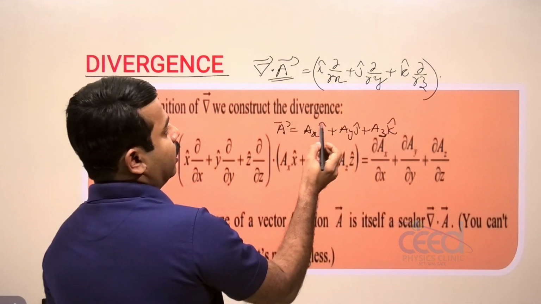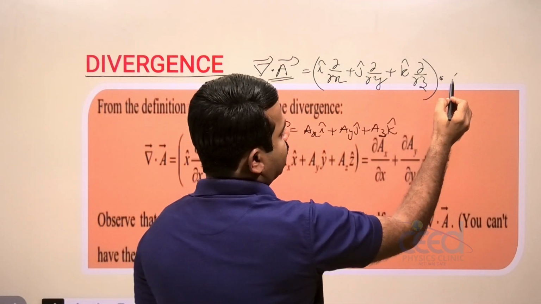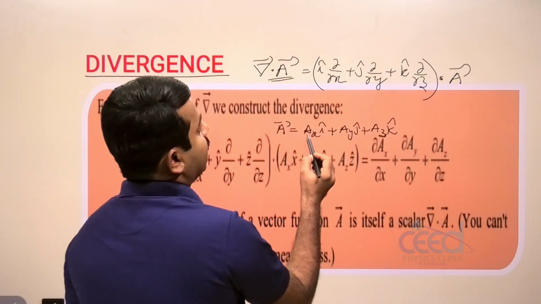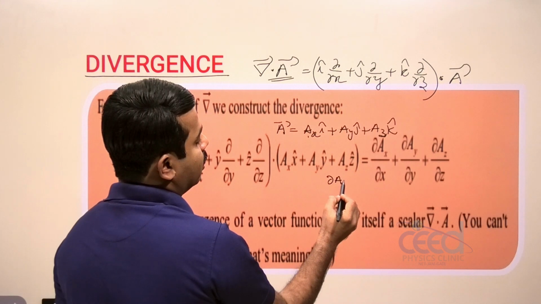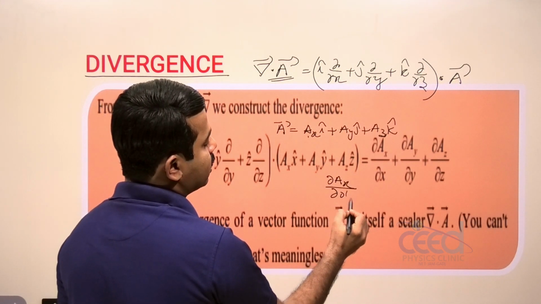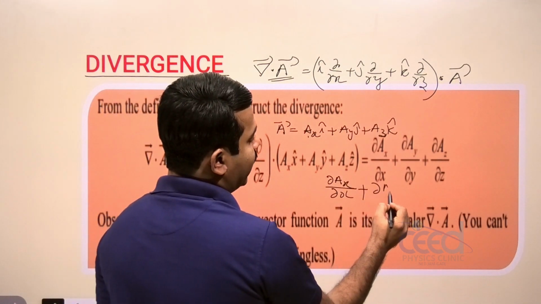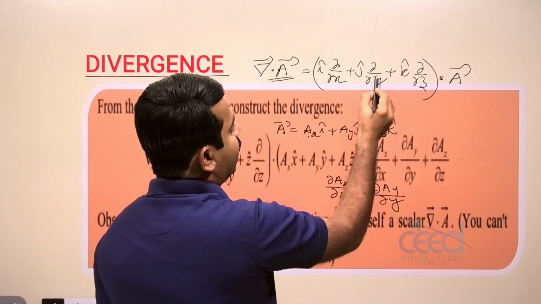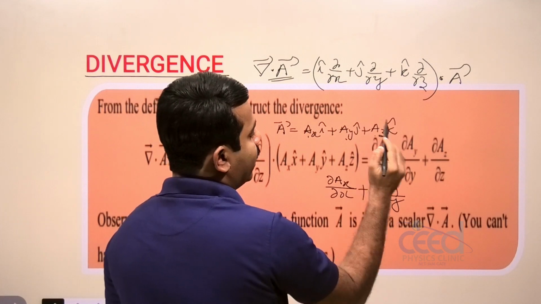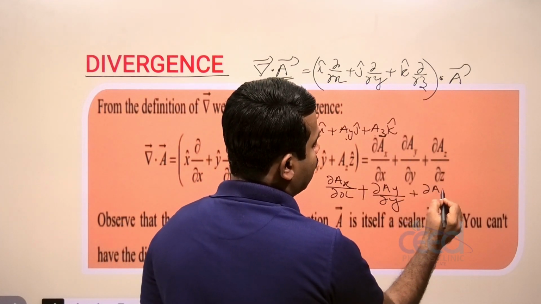Then the dot product with A gives dou ax by dou x plus dou ay by dou y plus dou az by dou z.